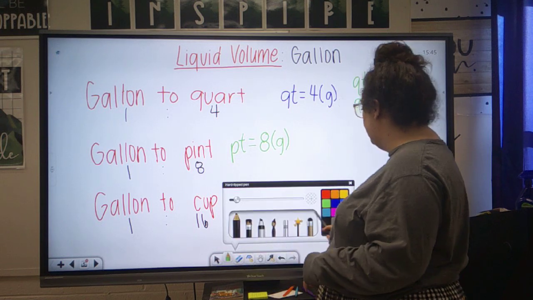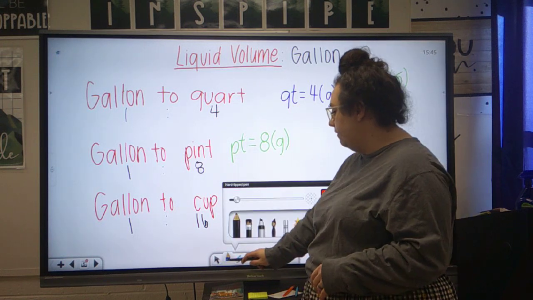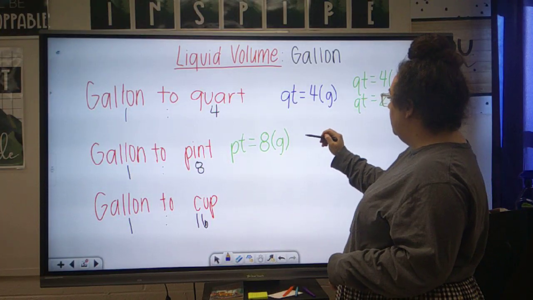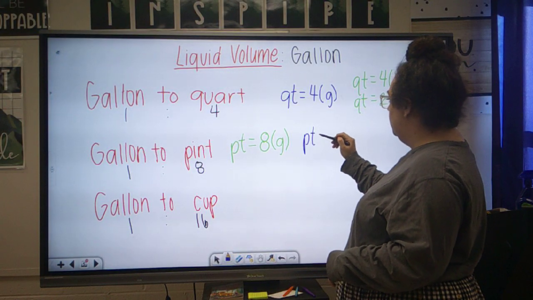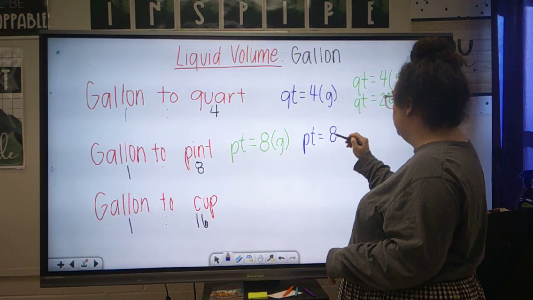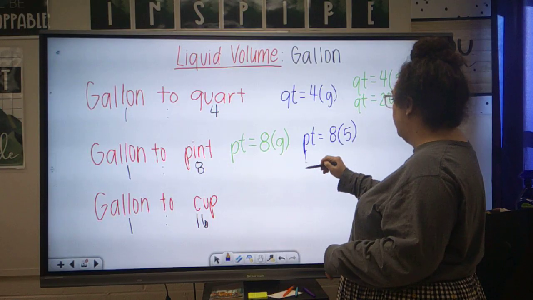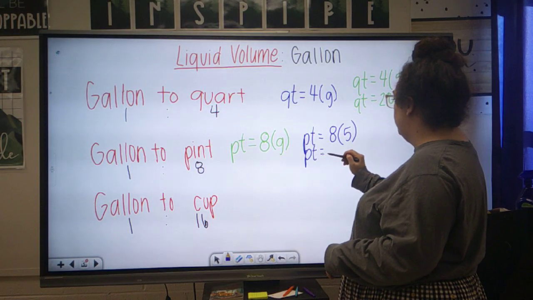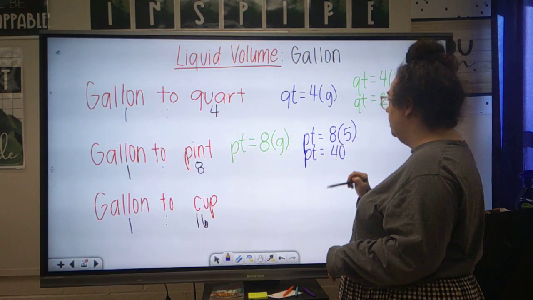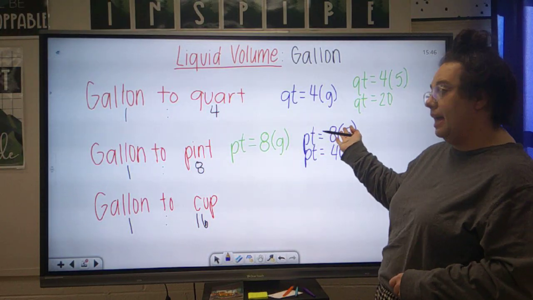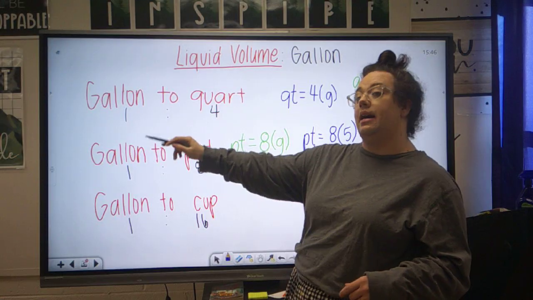So what that would look like, again, if I had 5 gallons, pints equals 8 times my 5 gallons, pints is equal to 40. So there are 40 pints in 5 gallons because it is 8 times as much.